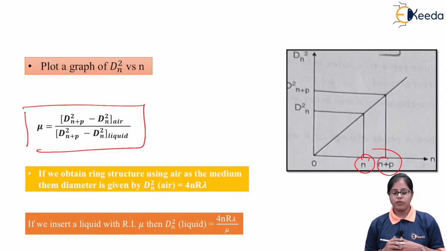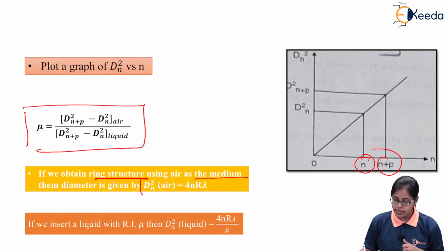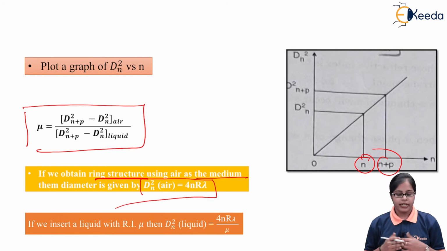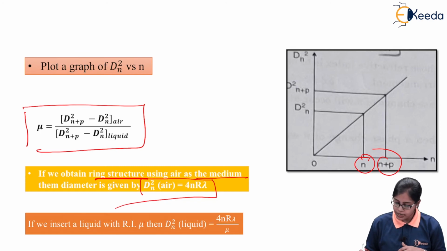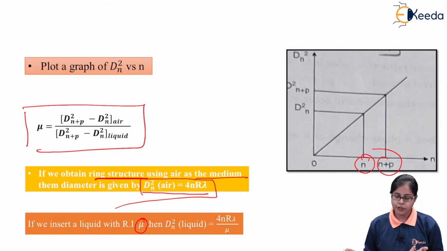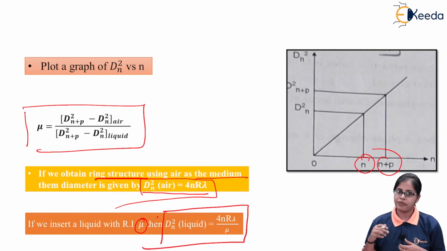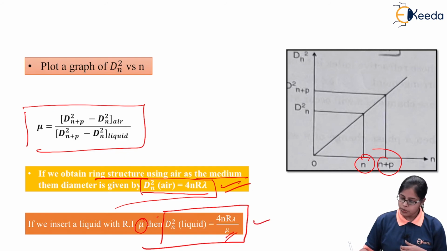Secondly, when we talk about the ring structure using air as a medium, the diameter is given by Dn squared equals 4nRλ. But if we make use of a liquid instead of air, then the refractive index of the liquid comes into the picture. For air as a medium it is 4nRλ, but if I take a liquid which has refractive index mu, then the equation gets modified as Dn squared for the liquid, where the value gets divided by mu. These are the two important equations.